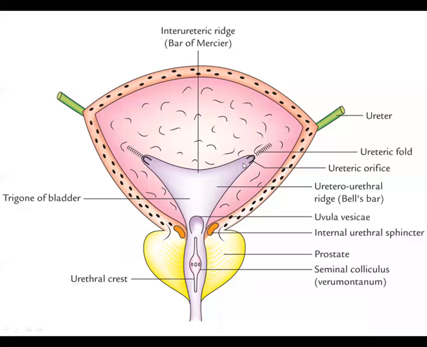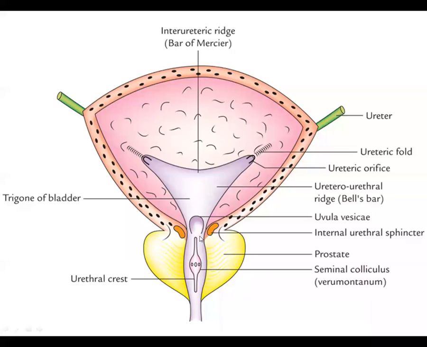Okay, so two openings of the ureter, and here the apex of the triangle is formed by the urethral opening. Okay? So this is the urethral opening. Now in case of males, there will be an elevation posterior to this urethral opening that is formed by the median lobe of the prostate, and that is called uvula vesicae.